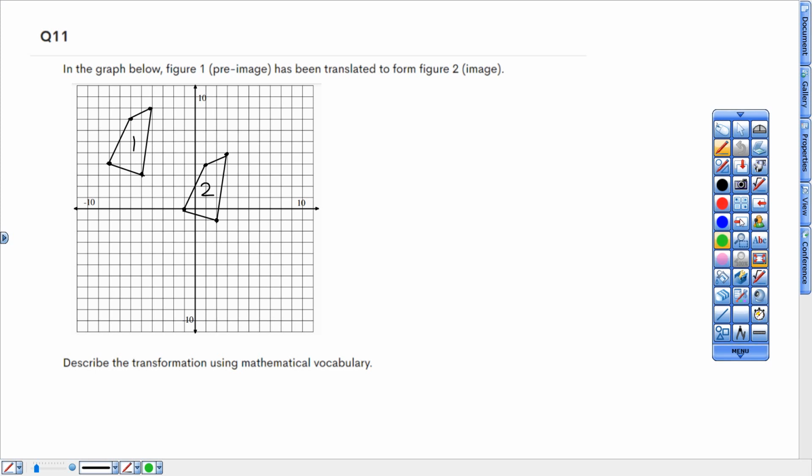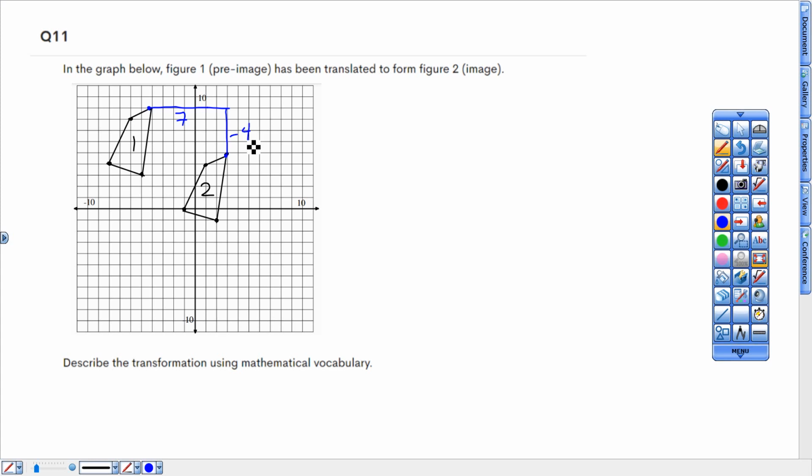Mountain. All right, for this one, they want you to chart the movement and explain it in mathematical words. I could see from this tip to this one right here, I'm going to the right, and then I'm going down. So it looks like I'm going right 1, 2, 3, 4, 5, 6, 7, and going down 1, 2, 3, 4.